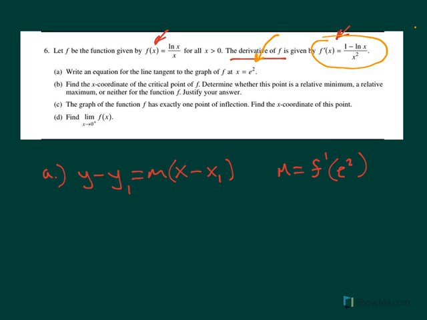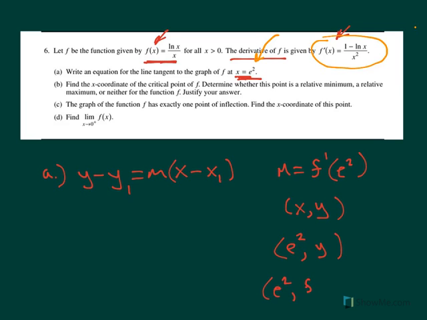at that point. And then how do we find the point x comma y? They're telling you what the x value is, so they said the x value is e to the second. So you'll need to put that into your equation for f. So you're going to use your equation for f and see what the output, or the y value, is.